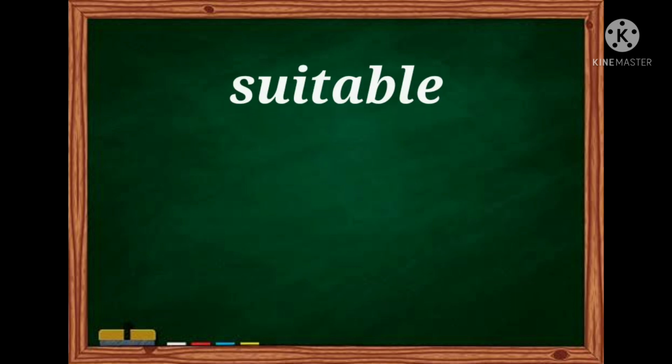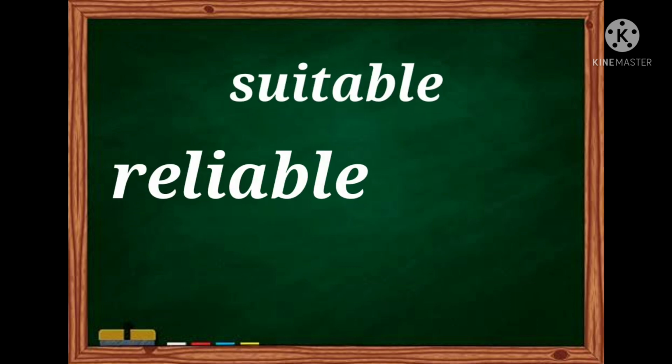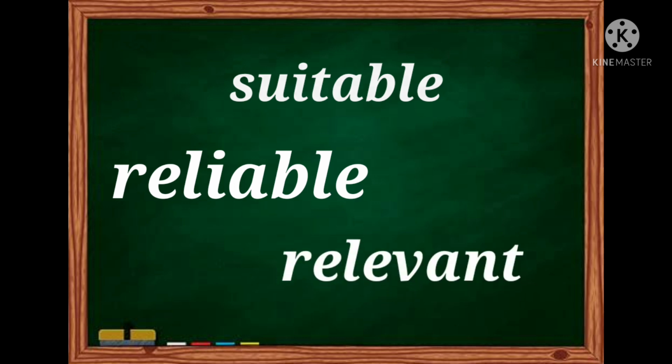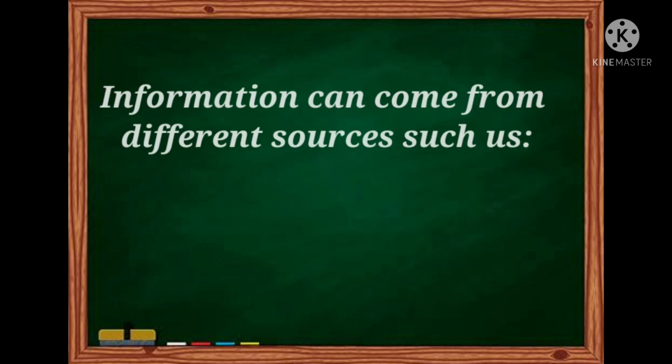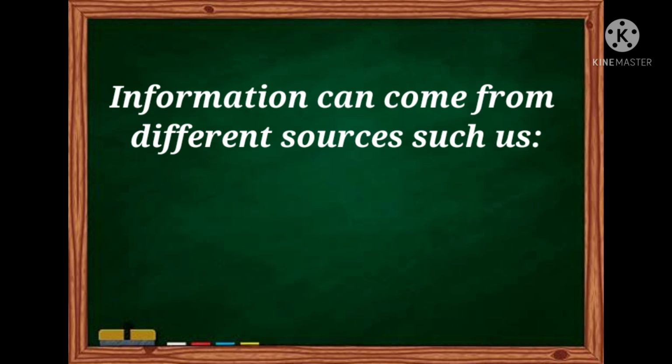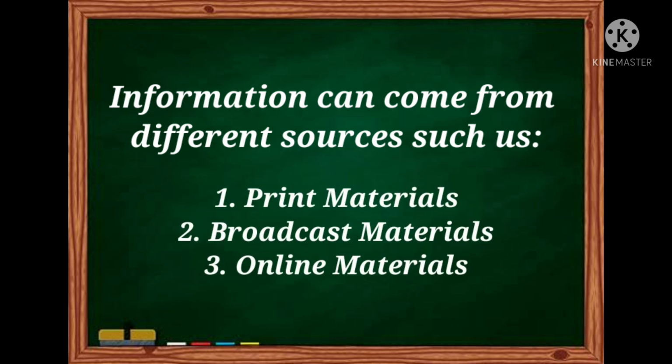It is very important to check the information whether it is suitable, reliable, and most importantly, if it's relevant. Information can come from different sources such as print materials, broadcast materials, and online materials. Now, let us discuss each of the sources one by one.